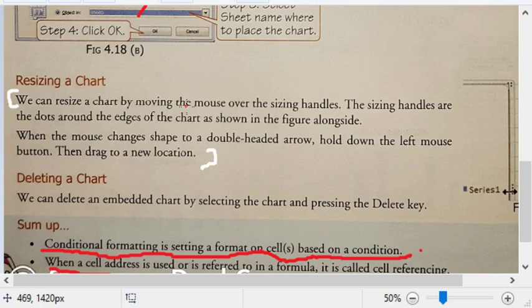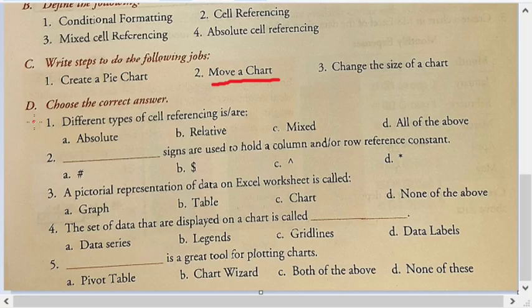The sizing handles are the dots around the edges of the chart as shown in the figure alongside. When the mouse changes shape to a double-headed arrow, hold down the left mouse button, then drag to the new location.